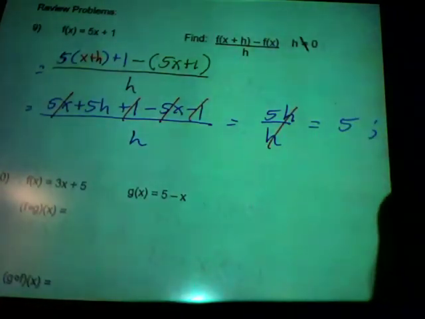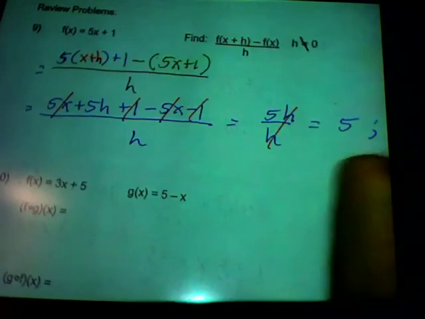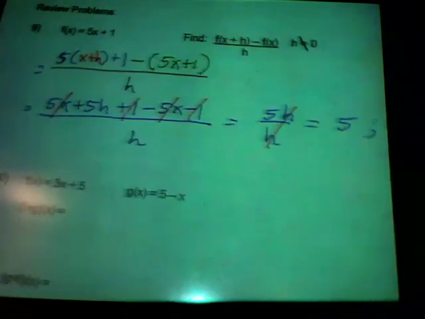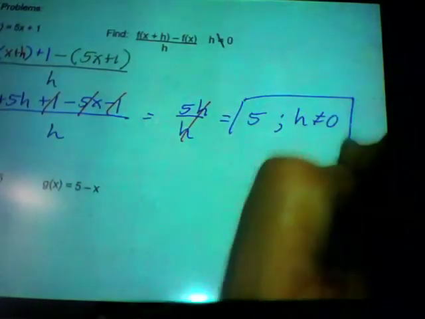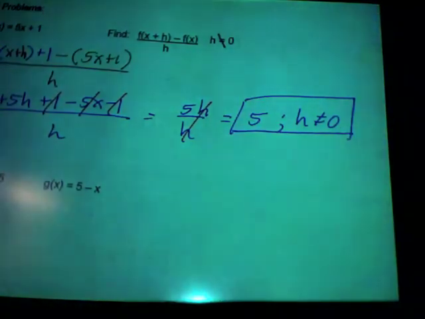What are the restrictions? H cannot equal 0. Oh, thank you. H cannot equal 0. I did not mark you wrong for not saying that, but that is part of your answer. And Sam, you did it on both of them. Excellent. Yes. I know they did it for you, but you're going to put it as part of your answer, so you're used to doing it.